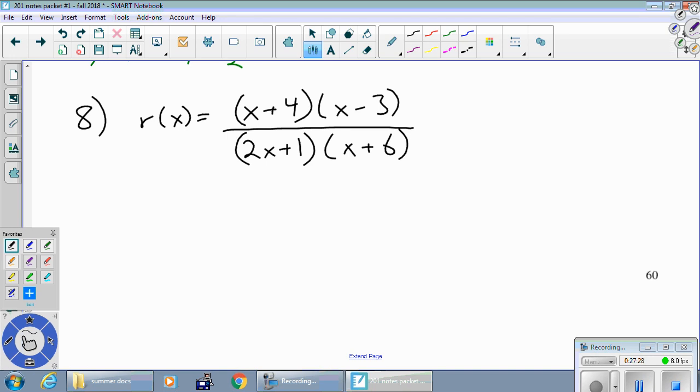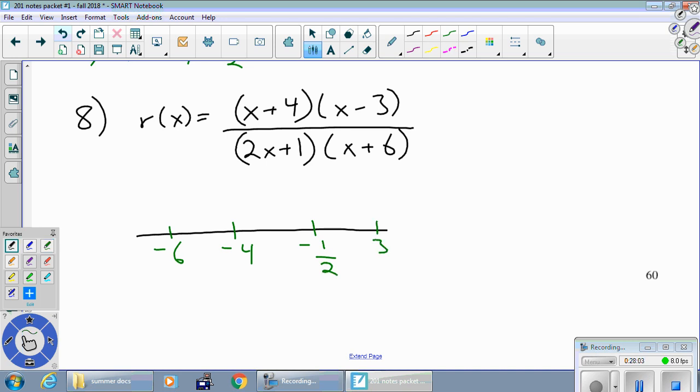And what we're going to do is make a sign chart on all of the x-intercepts and all of the vertical asymptotes, which really means just any place that makes any of these 4 factors equal to 0 goes onto our sign chart. So the numbers that we see, we found them up above: x equals -4, x equals 3, x equals -1/2, and x equals -6. Only thing we have to do is put them in the right order on our sign chart. So the smallest one is -6, and then -4, and then -1/2, and then finally +3.